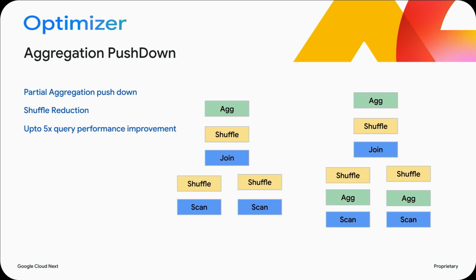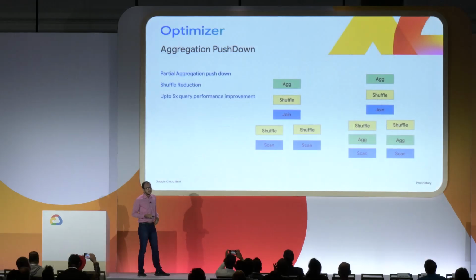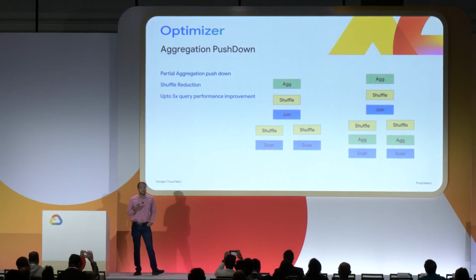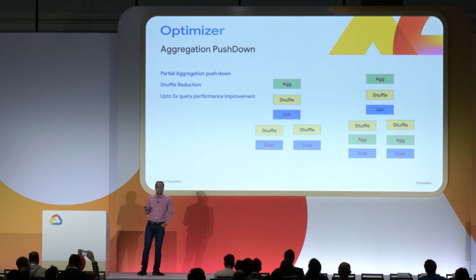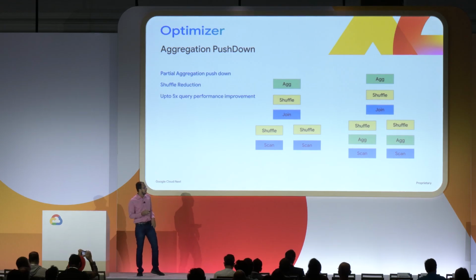Lots of our customers have a very simple query pattern. They do multiple joins, and then they try to aggregate on top of those joins. This is a very common query pattern that our customers use. If you look at this query execution plan, you will see multiple shuffle stages. And shuffle is one of the most expensive operators in Spark. It impacts the performance very badly.